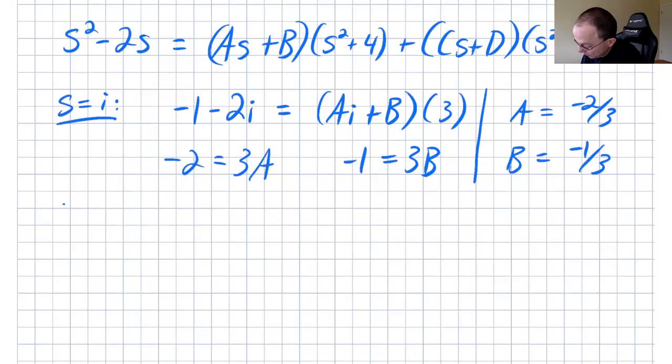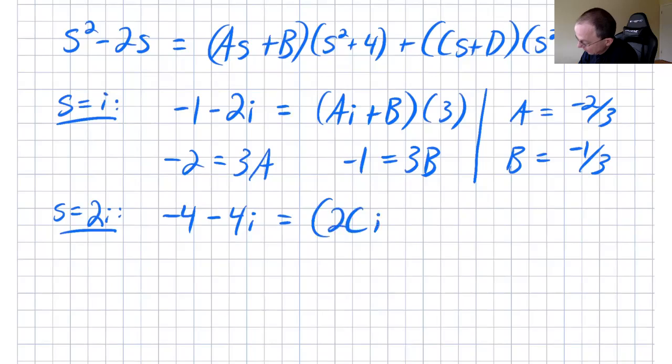Okay, and now we'll do s equals 2i. On the left-hand side, we get -4 minus 4i. And on the right-hand side, we get 2ci plus d, and then -4 plus 1 is -3.